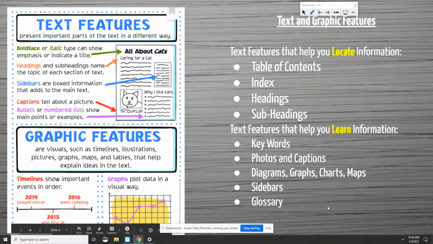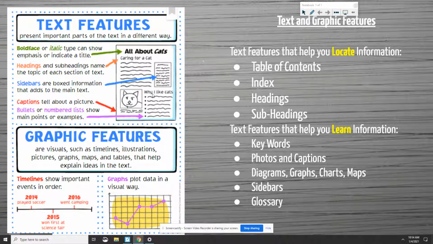So text features are the important parts in a text. We've got our boldface, maybe the title, headings are bigger, and at the top it's going to give you information about that section. Sidebars have extra added information. You might have an illustration or a photograph with captions. It's going to be at the bottom underneath it.